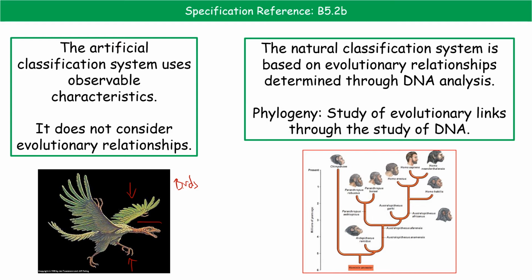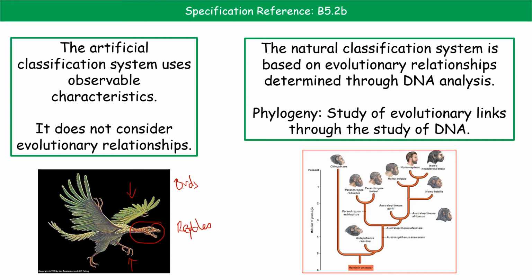However, if we look at that head there, don't know many birds that look like that at all. That to me said it looks more like the reptiles. So does it go into birds? Does it go in with the reptiles? Problem. So that's why the artificial classification system isn't always great, because the observable characteristics don't always allow us to fit it perfectly into one of those groups.